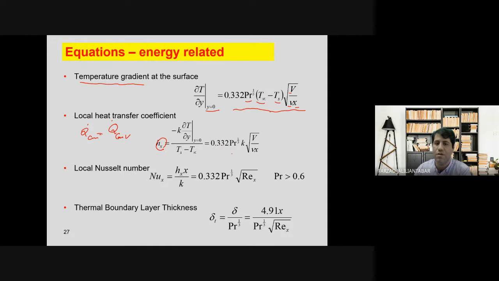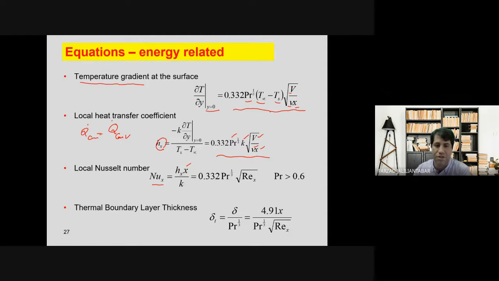So if we use this, we can calculate Hx using velocity, kinematic viscosity, x, and the Prandtl number of the fluid. The other thing which we can calculate by this equation is the local Nusselt number, Nu x, which will be equal to Hx times x. If you remember, this was L, but here because it is local, we need to use x, divided by K, or the thermal conductivity of the fluid.